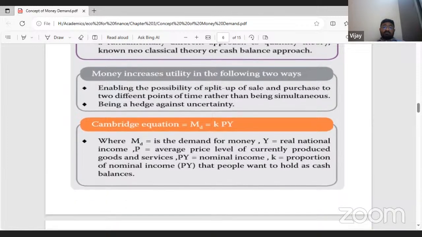One more thing we need to know: whatever income is earned will not be spent immediately. There will be a time gap between the receipt of money and the use of money. I received a salary on the first, but I will not spend the entire salary on the first day itself.